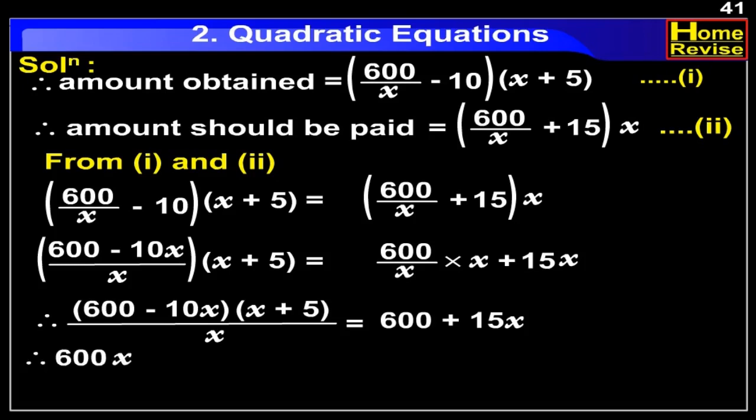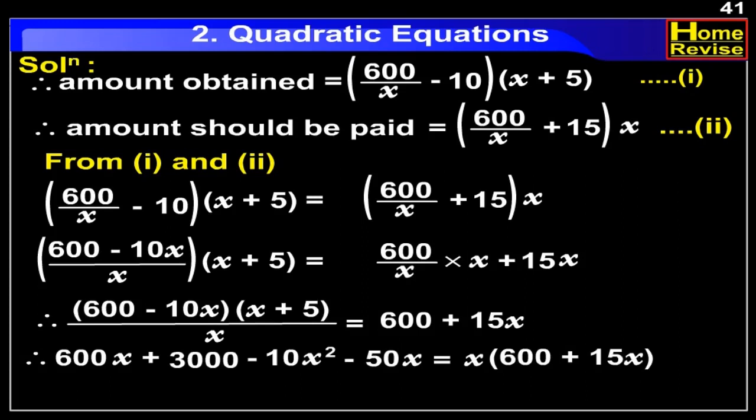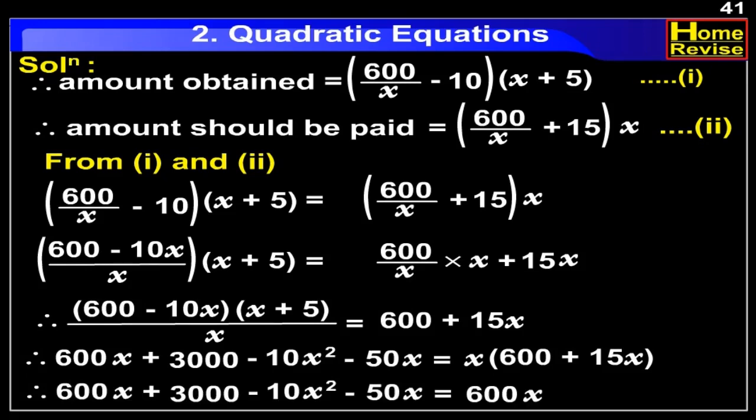Therefore, 600x plus 3000 minus 10x square minus 50x is equal to x into 600 plus 15x. Therefore, 600x plus 3000 minus 10x square minus 50x is equal to 600x plus 15x square.